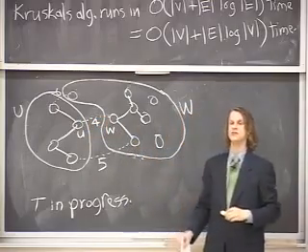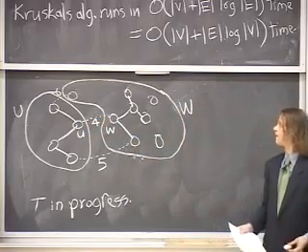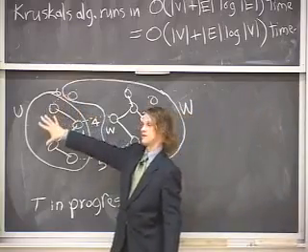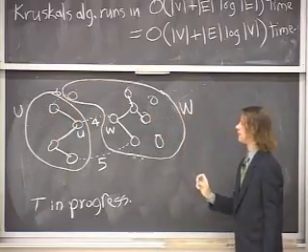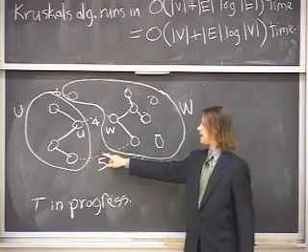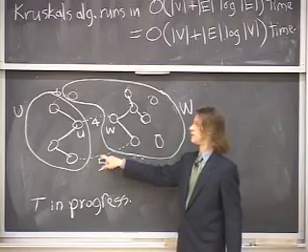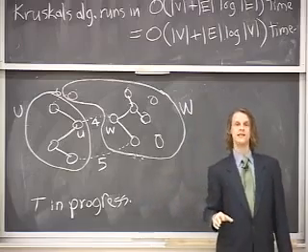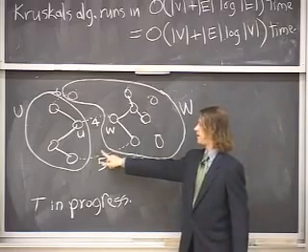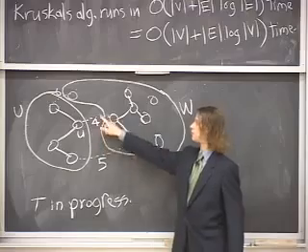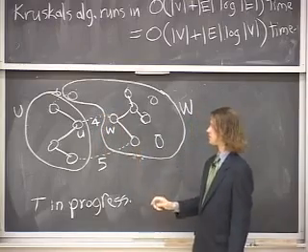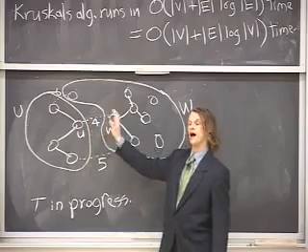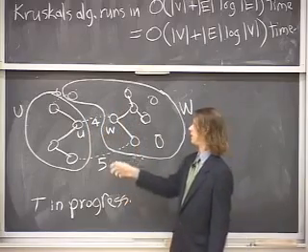Why is it always safe to choose this edge? Well, any spanning tree has to have at least one of these edges, because U has to be connected to W. If I had a spanning tree that had this edge, but did not have this edge, then I could reduce the weight of that spanning tree by taking this edge out and replacing it with this one. So if I had a spanning tree that uses this edge, but does not use this edge, I can make a better spanning tree by swapping them.